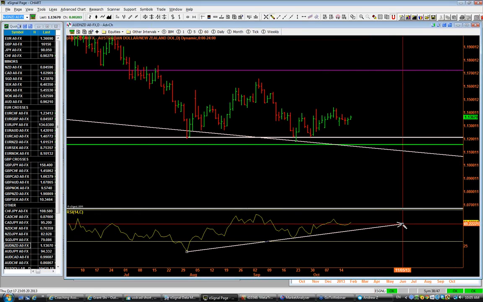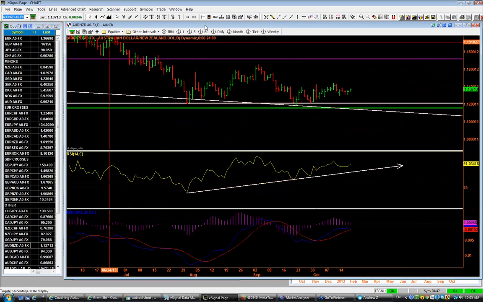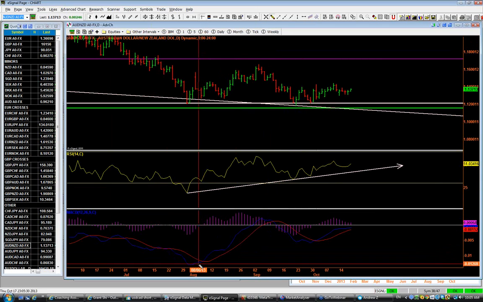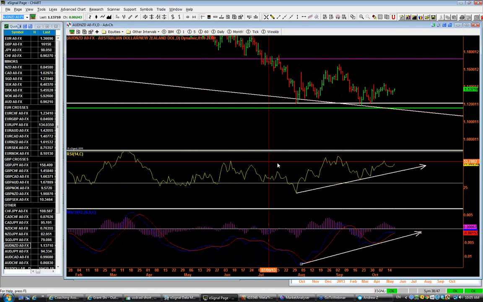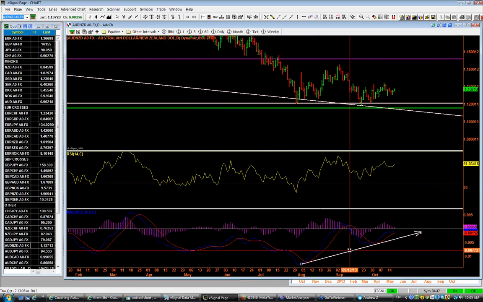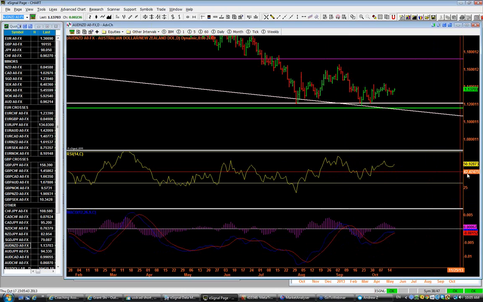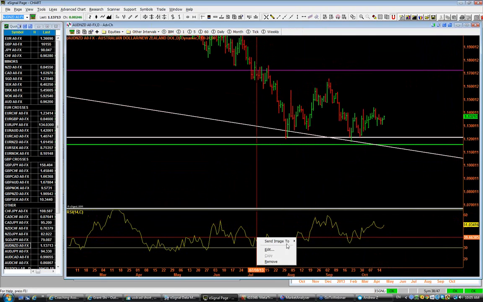And personally, I normally use the MACD. On the MACD, you can see the very, very strong divergence here. When you see a strong divergence, that gives you an early warning that the trend will change very soon. But the question is when. If you still hold your short position, you should tighten your stop loss.